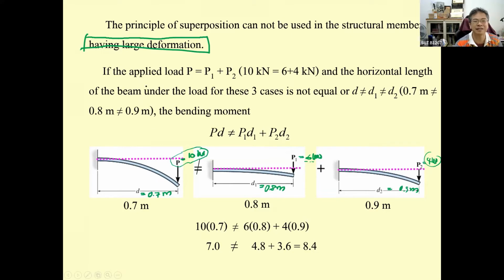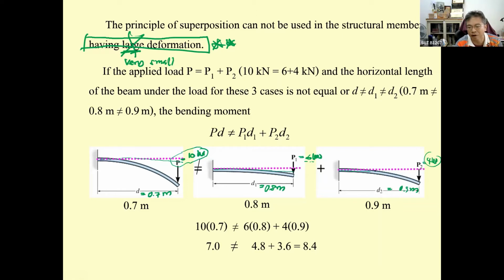So it is the regulation to set the deformation to be very small, in order for the lengths of this picture to be equal. For example, if the deflection is very small, it's going to be the same length.